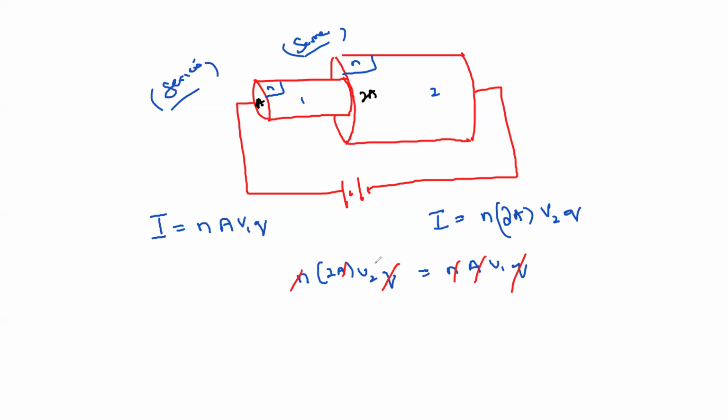You can see 2V2 equals V1, meaning the speed V1 will be twice V2. So when two wires are connected in series, the one which is narrow will have a higher drift speed compared to the wider one. In the first one the charges move faster, and in the second one the charges move slower.